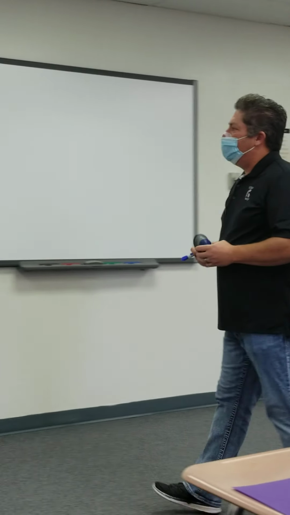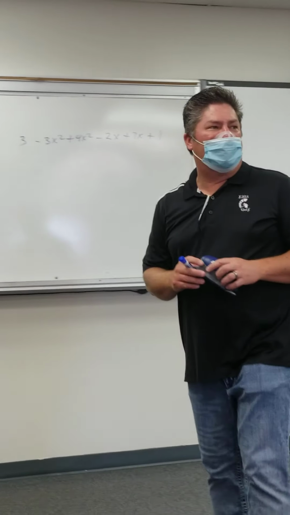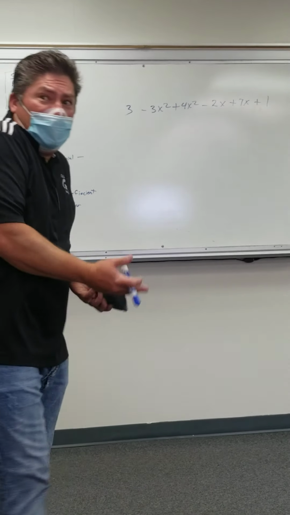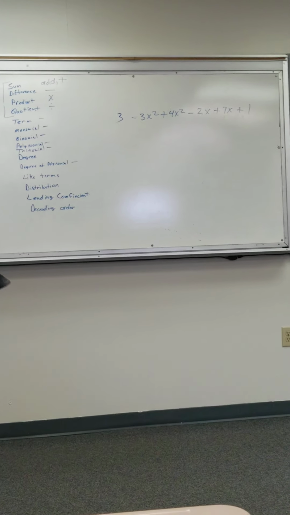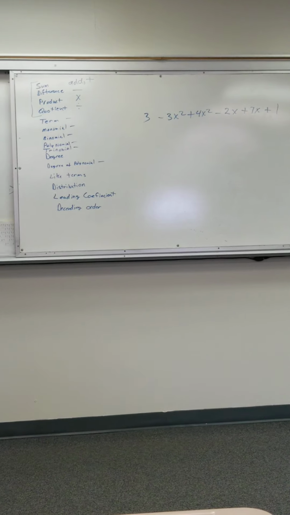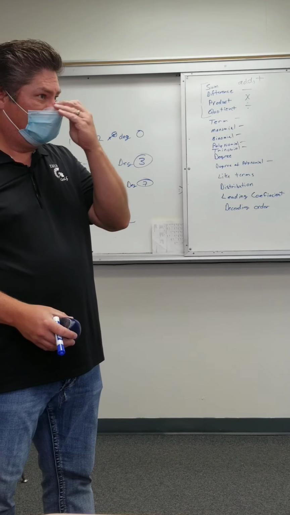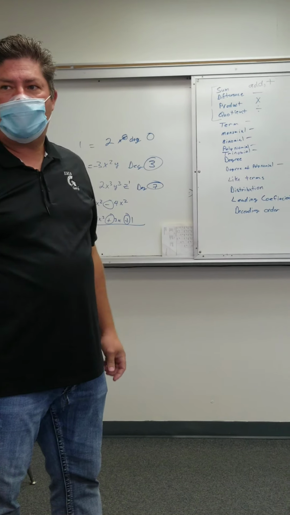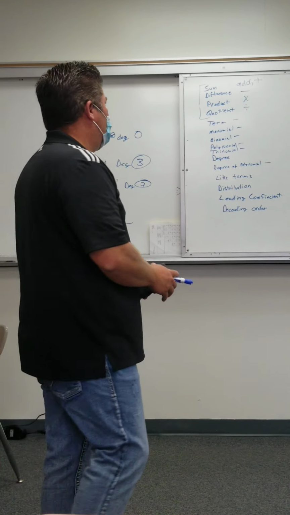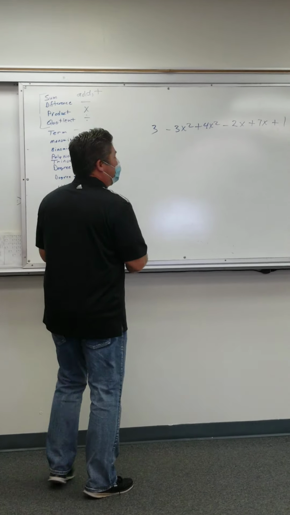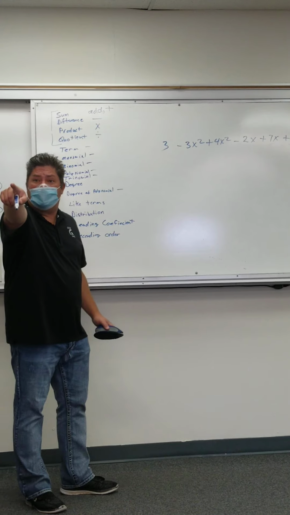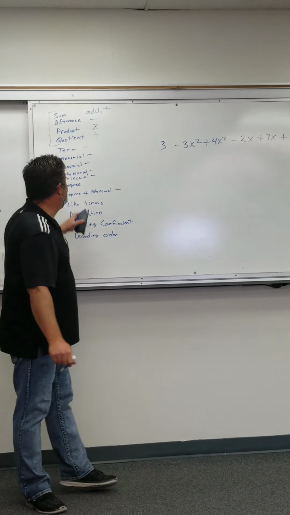Now, what are the like terms in this polynomial? You know them instinctively, right? But you don't know how to define it. How do I define like terms? They have the same variable and the same what? You said it right. Exponent. That's the key.